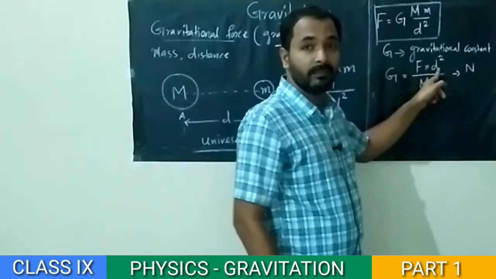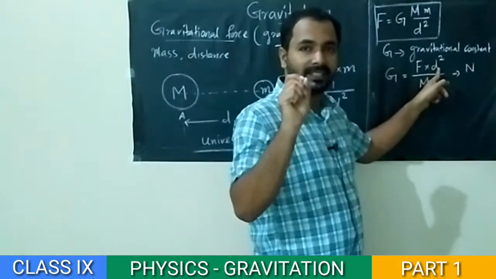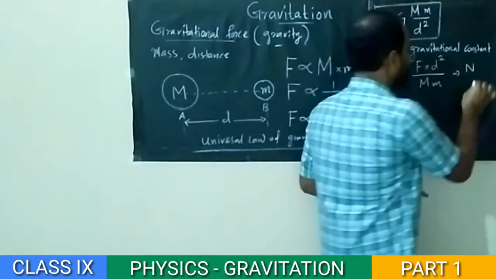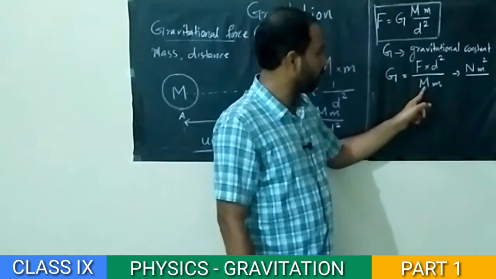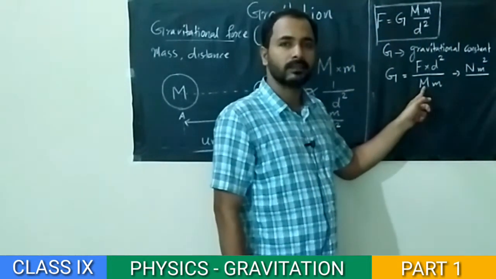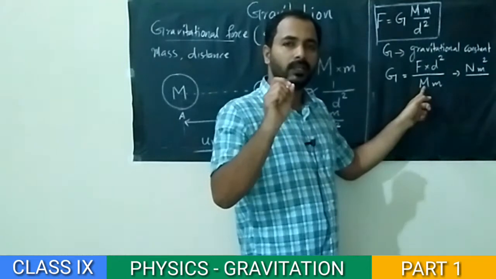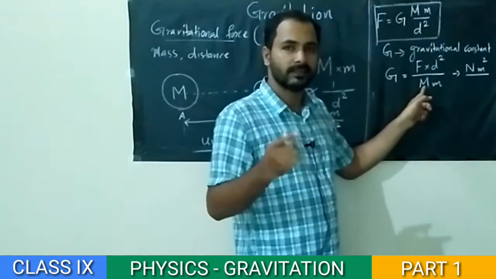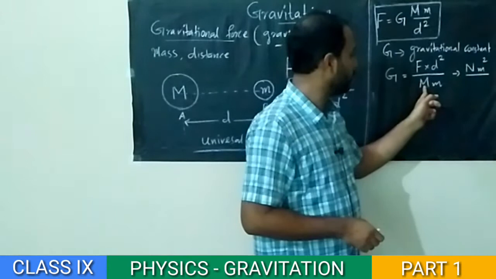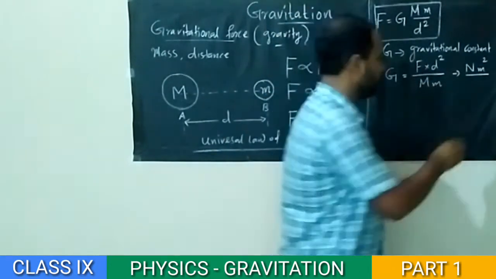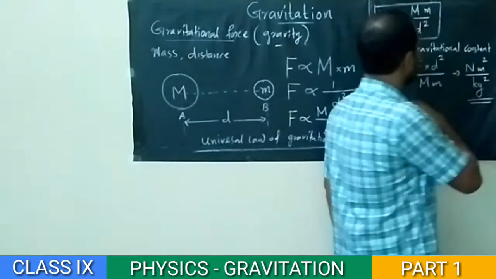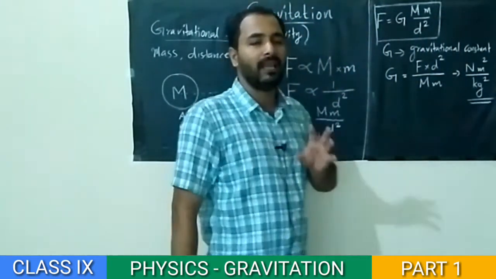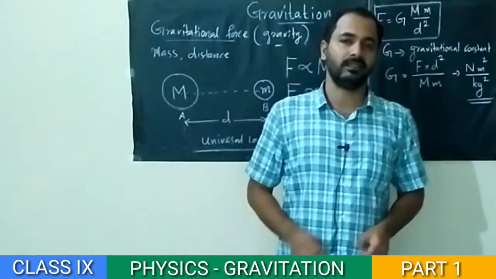The unit of d, which means distance, is meter. d square means meter square, divided by m, which means mass. What is the unit of mass? Yes, kilogram. So kilogram into kilogram, kilogram square. So this is the unit of gravitational constant.